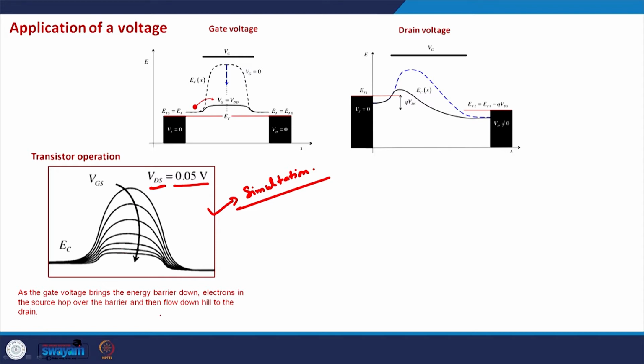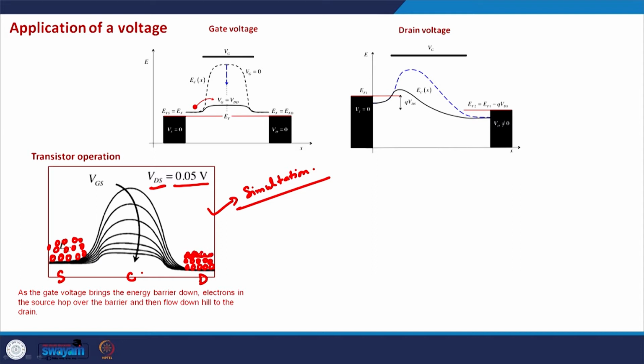Let's say this is the source side, this is the drain side, and this is the channel region, and the gate voltage is changing the barrier height. Since the source is n-type material, there are electrons sitting on the source side, and the drain is also an n-type material, so electrons are also sitting on the drain side.